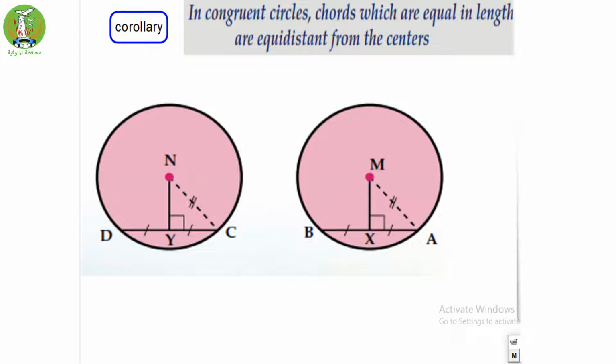And we can prove that with two congruent triangles, MAX and NCY, by three conditions: XA equals YC, MA equals NC equals R, two radii, and measure of angle X equals measure of angle Y. Then the two triangles are congruent, and we deduce that MX equals NY.